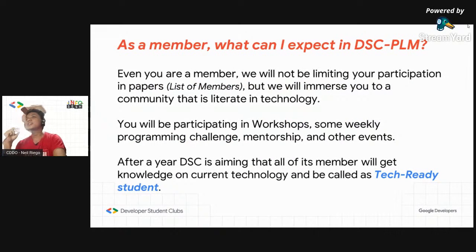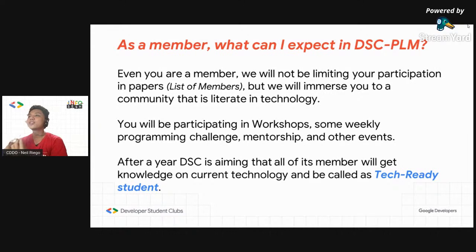Lastly, isa sa notion, pag ako ay isang member ng DSC-PLM, ano yung pwede kong i-expect sa DSC-PLM na gawin nila sa akin? Or ano yung maeexpect ko sa DSC-PLM na gagawin nila sa mga members nila? Kasi baka isipin nyo, yung DSC-PLM ay para lang sa mga officers and sila lang yung sasali sa webinars and such.